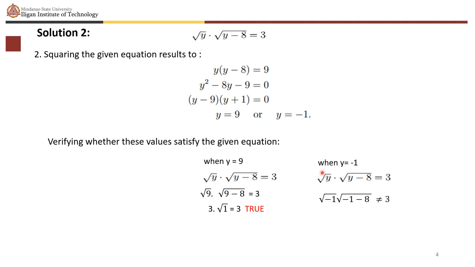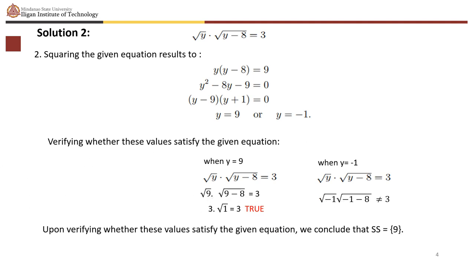So y equals negative 1 is not a solution. Meaning to say the solution set contains only the set containing 9. That is 9. Because it satisfies the original equation.